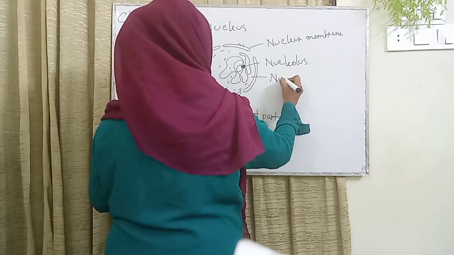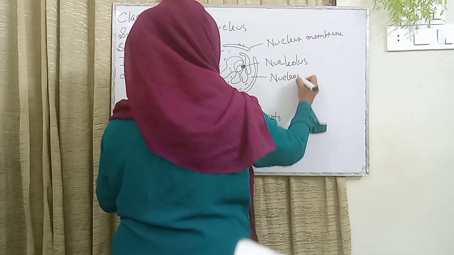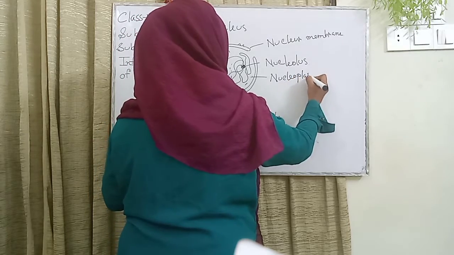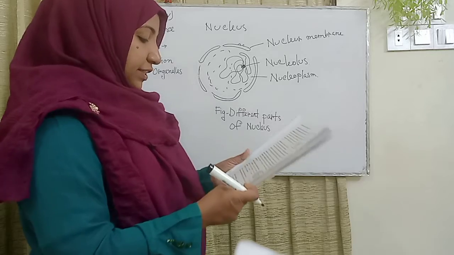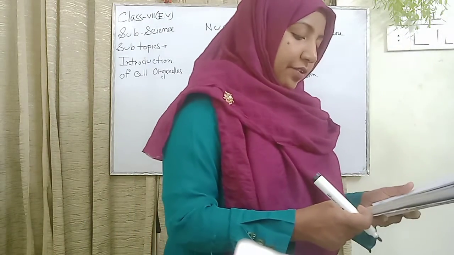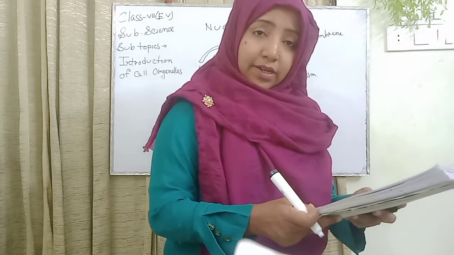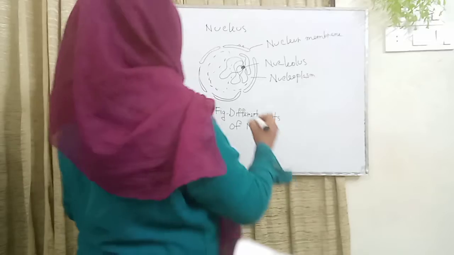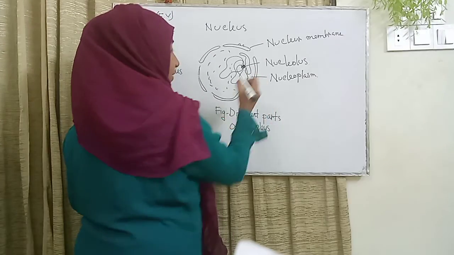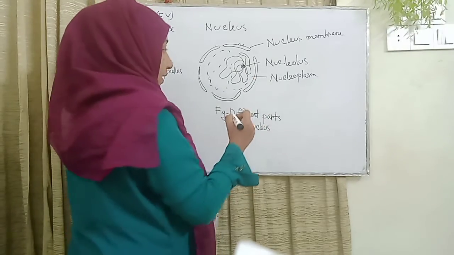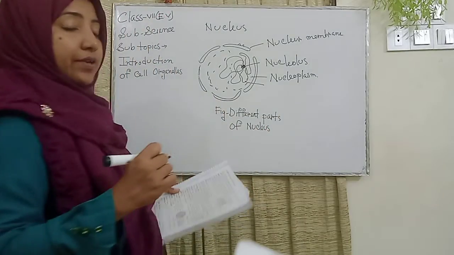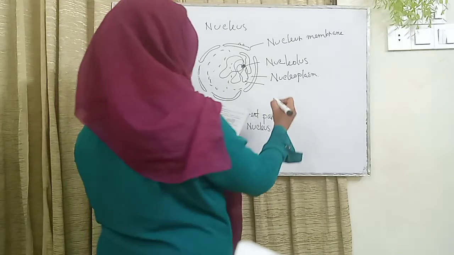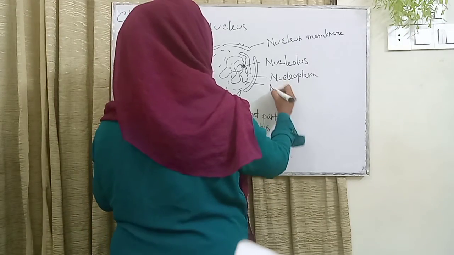Now I will write the nucleoplasm. The fourth structure is the nuclear reticulum. This is a chromatin-based structure, a fiber-shaped structure, the nuclear reticulum. Now I will write the nuclear reticulum.